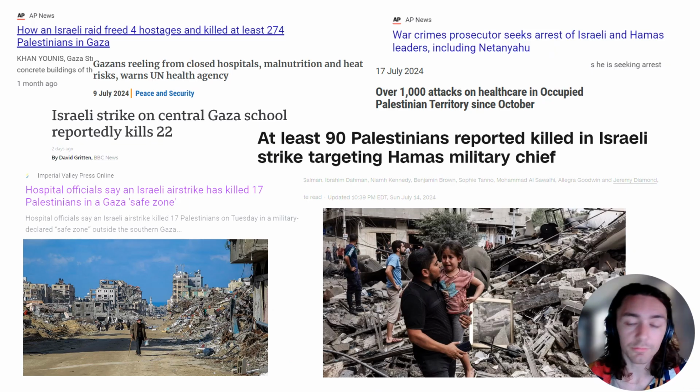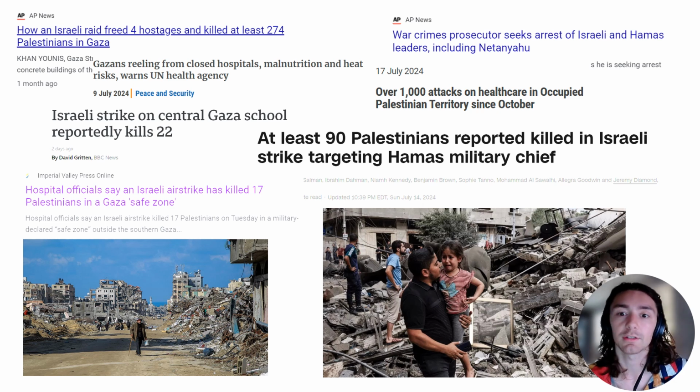So here are some headline snippets from recent times about what Israel is doing in Gaza. Freed 4 hostages, killed 274 Palestinians. Seek arrest of Israeli and Hamas leaders, including Prime Minister Benjamin Netanyahu of Israel.